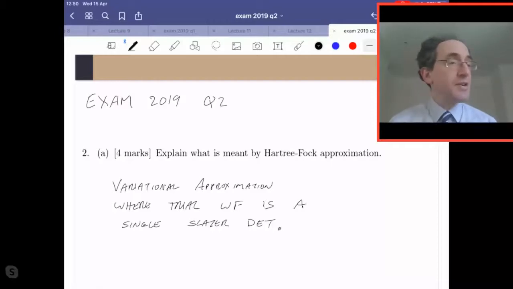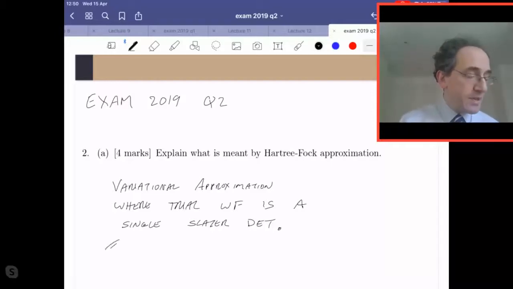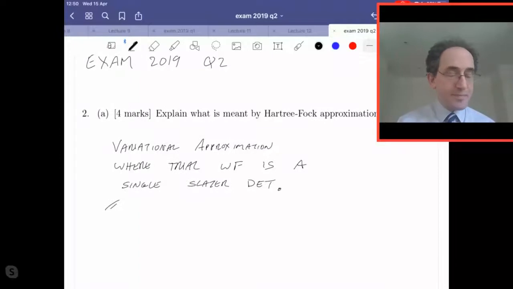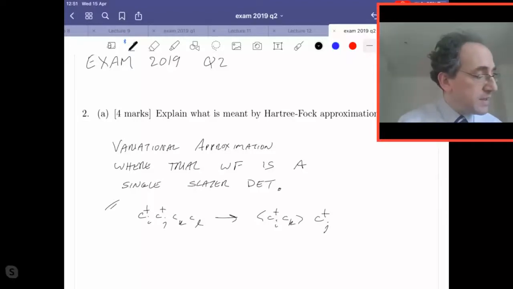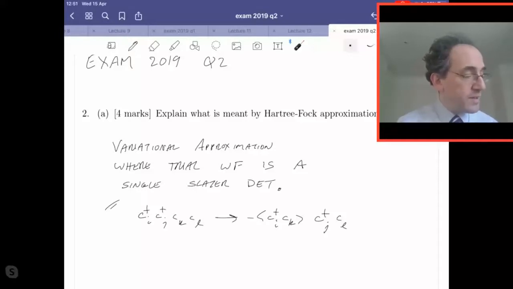a single Slater determinant. Also acceptable would have been to say that you have a 4 Fermi term, C†_i C†_j C_k C_l, and that gets replaced by a mean field term like this. This term that I just wrote would have come in with a minus sign because we had one commutation of k through j to get this.